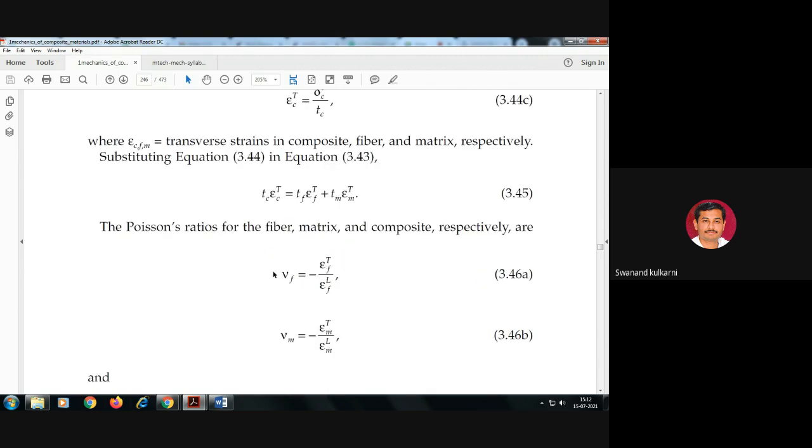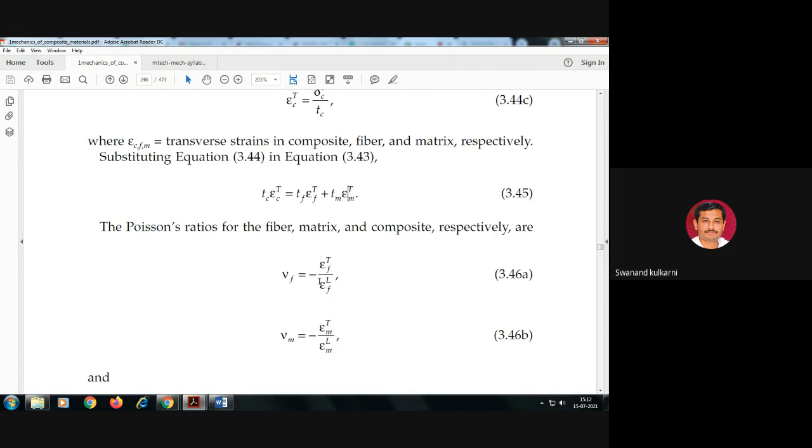By substituting those values and using the ratio, nu F is equal to minus, because we have already defined the major Poisson's ratio as the negative ratio of the strain of fiber in the transverse direction to the strain of fiber in the longitudinal direction.